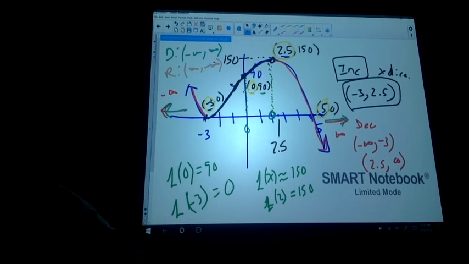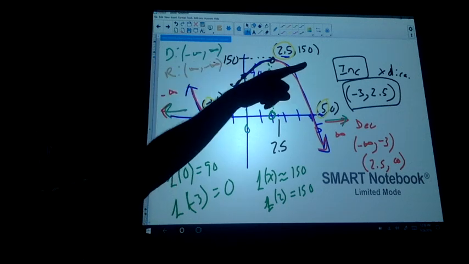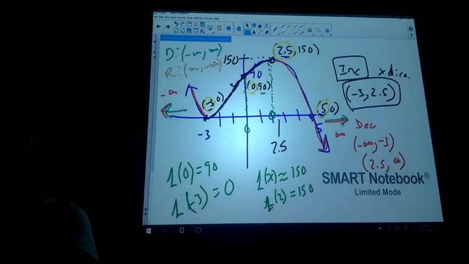As I'm reading it left to right, the further left I get on this graph, the closer and closer to positive infinity I am in the y direction, because that arrow right there is going to keep pointing upward. And then the arrow on the far side is going to continue to point downward. So as I go as far as I can that way, I will approach positive infinity. That's my domain and range of this one.